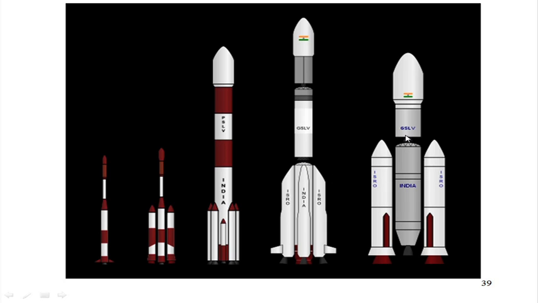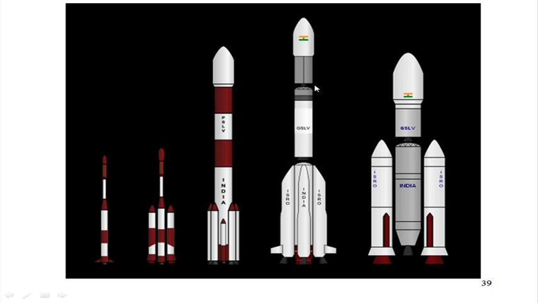The later versions of GSLV, which are not yet launched, will have much bigger satellites. Right now this can take roughly 2 tons of satellite. I was told the later version will be able to take about 5 tons, and PSLV can take about 1 ton of satellite roughly. You can go to the ISRO site to get more details.